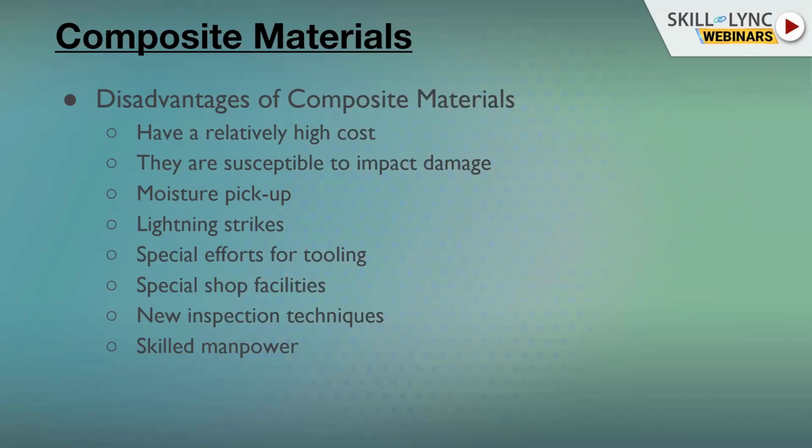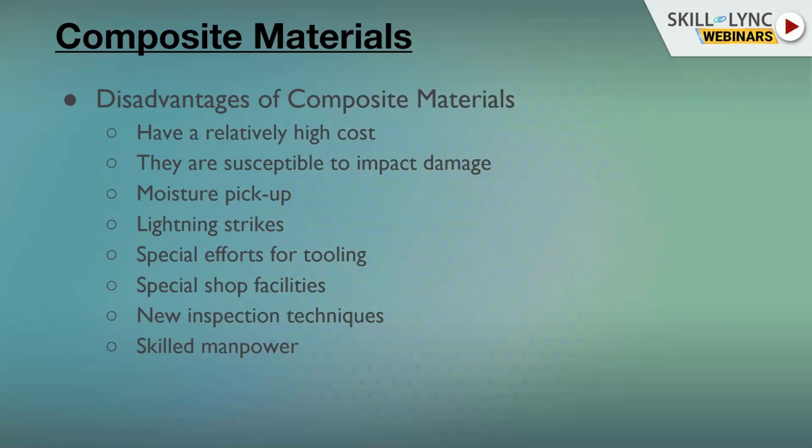In order to avoid lightning strike damage, there are different methods being used in the industry, like copper foils and various methods of dissipation, so that every time there's a lightning strike on a composite part, the damage due to the energy is prevented and the energy is dissipated, either to ground or back into the atmosphere. So it is a disadvantage, but there are ways around to work with it.